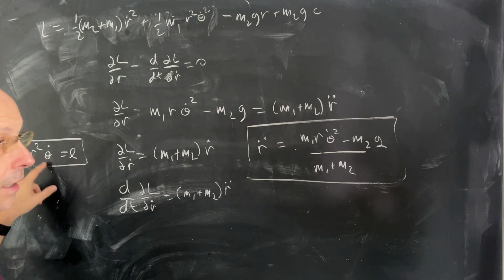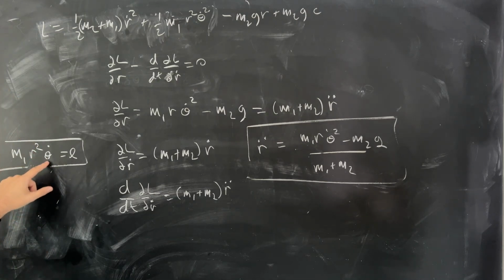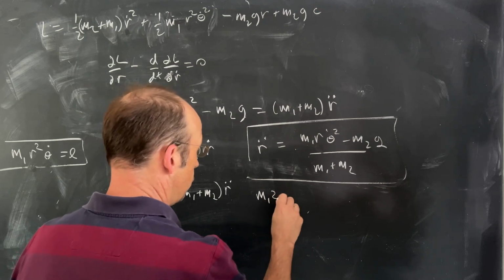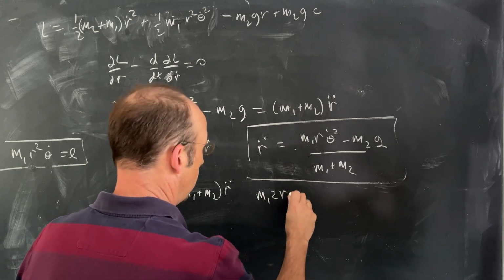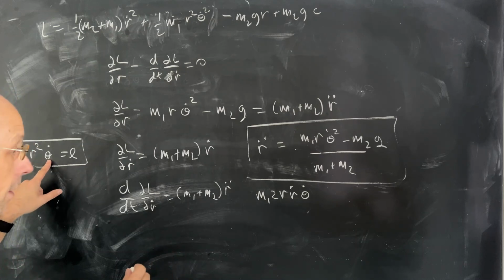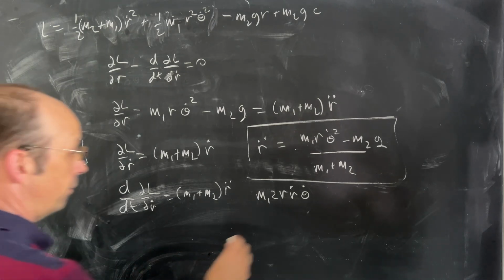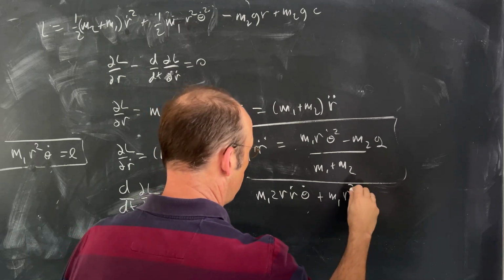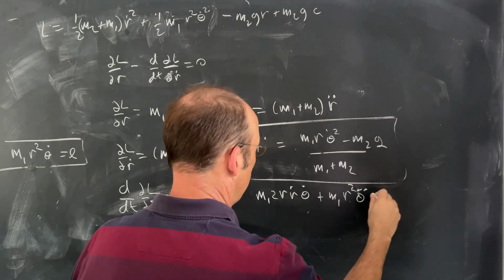Let's go ahead and take the derivative of this, because I will get two terms. It will be useful. So I'm going to take the derivative of this with respect to time instead of equal to 0. So I get m1 2 r dot theta dot. That's the derivative of r with respect to time. And then I have to take the derivative of that. So plus m1 r squared theta double dot equals 0.